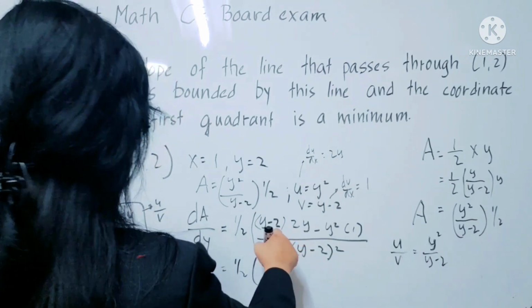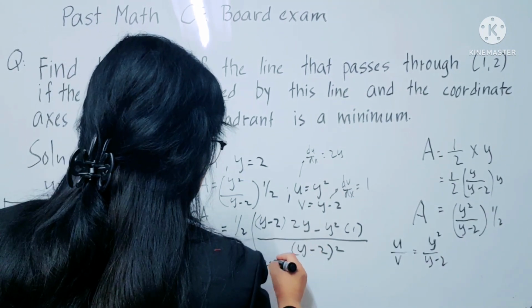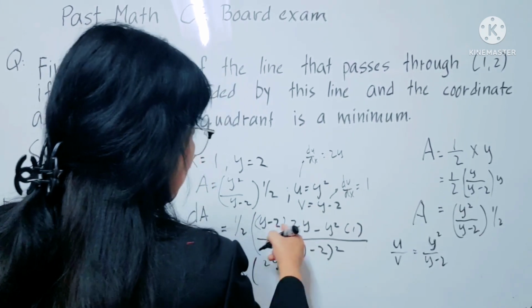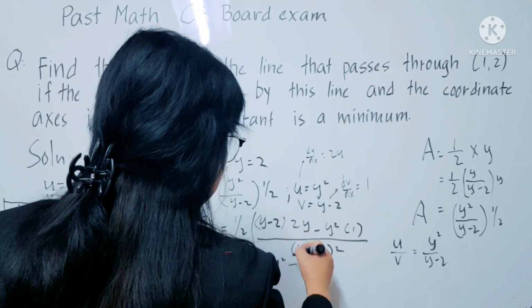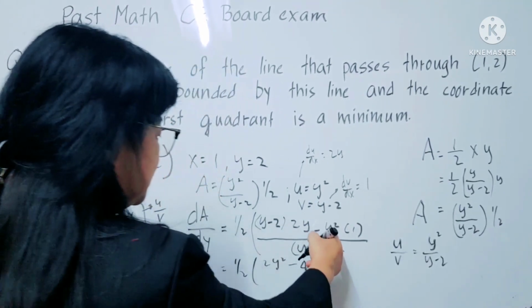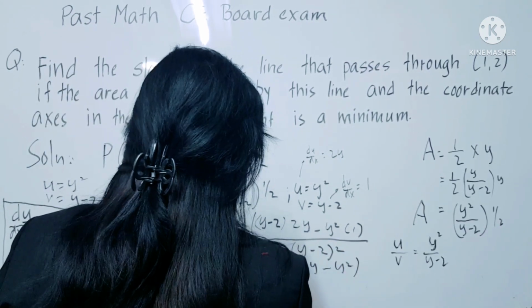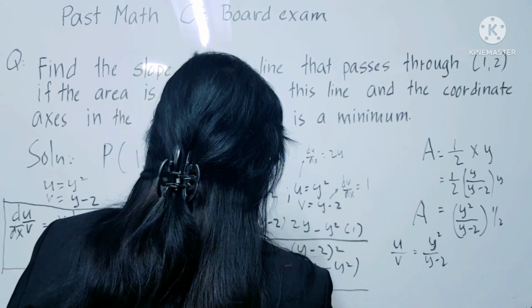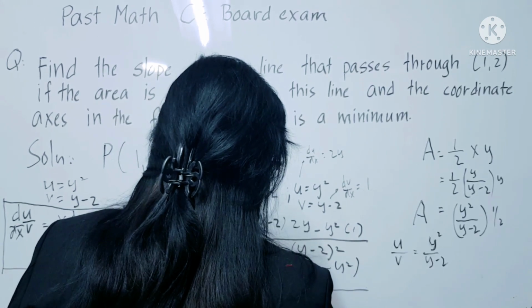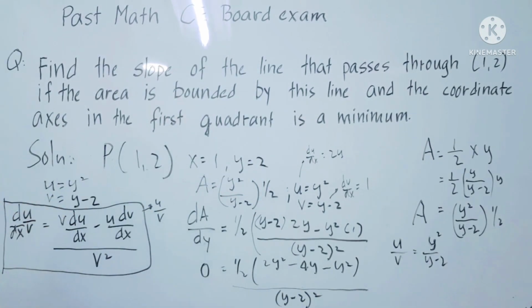So y times 2y, so 2y squared. y times 2y minus 2y times 2 is equal to 2y squared minus 4y, minus y squared, over y minus 2 squared.